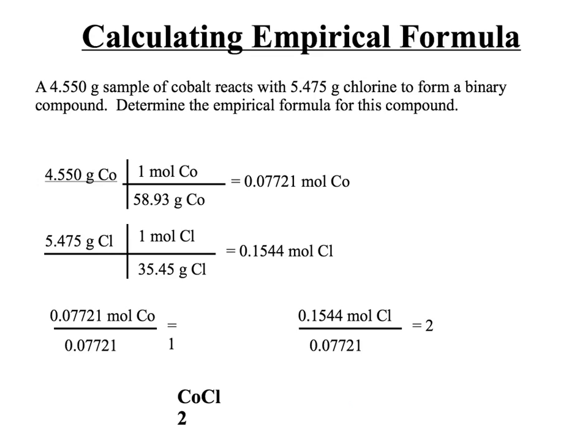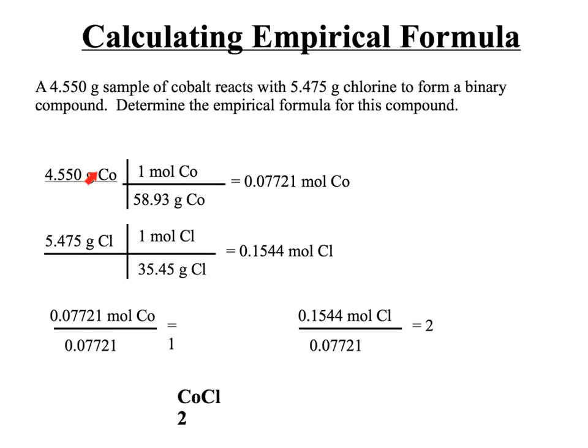In this example, we are given 4.55 grams of cobalt, and it reacts with 5.475 grams of chlorine to form a binary compound. So we will determine the empirical formula for this compound. The first thing we will do is convert our 4.55 grams of cobalt to moles of cobalt. We will use our conversion factor that 1 mole equals the weight from the periodic table, since 58.93 is the weight of cobalt.